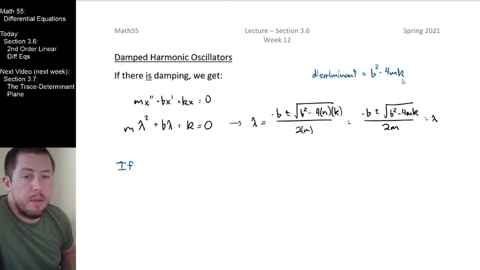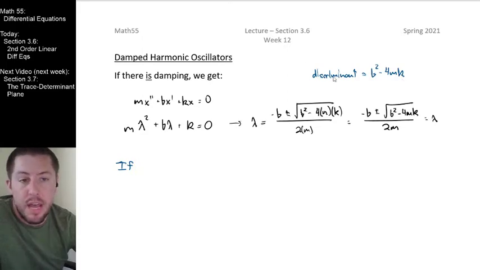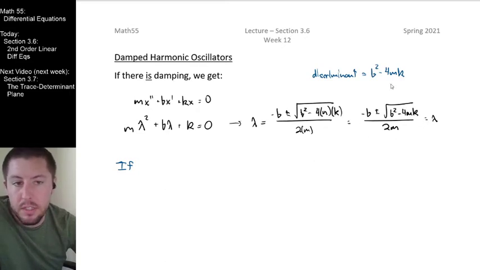It makes a bunch of sense to me because it discriminates between the number of real solutions that we have. If b squared minus 4mk is a positive number, then we're going to get 2 distinct real solutions. If it's 0, we're only going to get 1 real solution, and if it's negative, we're going to get 0 real solutions. We're going to get 2 complex solutions. So this discriminates between the number of real solutions. That's its job, so it's called the discriminant.